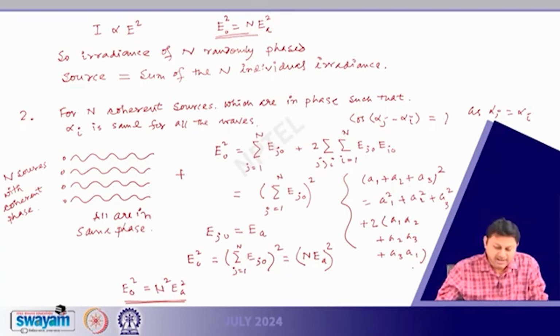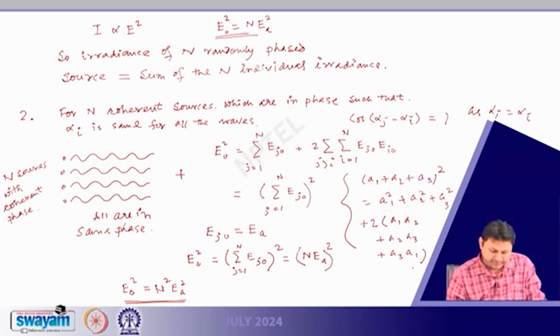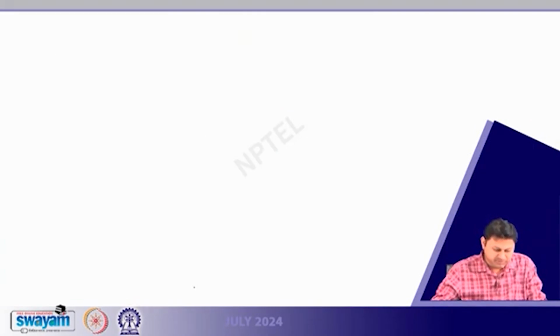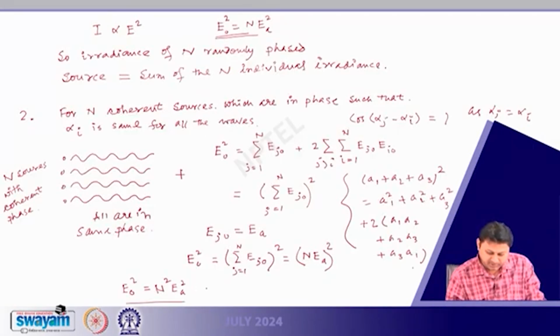In one case we have n multiplied by the single source value. Then what is the meaning of that?